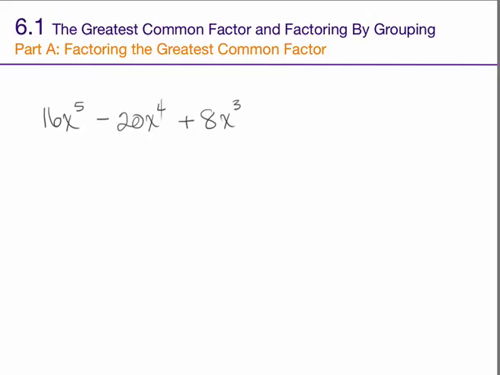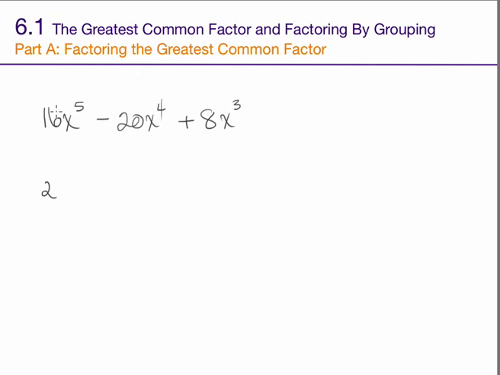Here's our next example. I want to factor the greatest common factor from, or factor out the greatest common factor from, this polynomial. So I need to figure out what goes into 16x to the fifth, negative 20x to the fourth, and 8x cubed. Well, I can see that 2 goes into all of these.